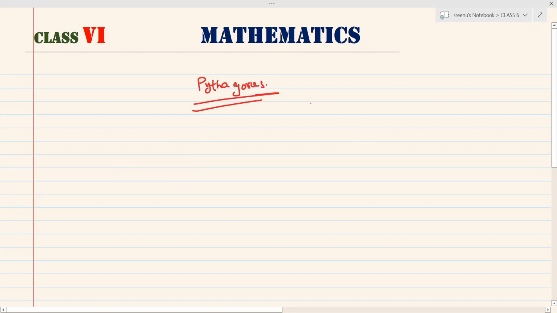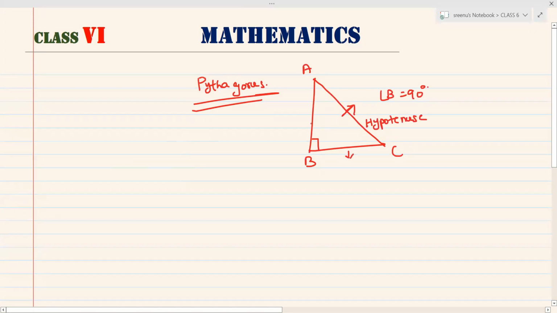What does this Pythagoras theorem say? What is the use? Pythagoras theorem says, according to the right angle triangle, actually there is a big topic called trigonometry, you can see in the higher classes. If angle B is 90 degrees, then the longest side AC is called hypotenuse.